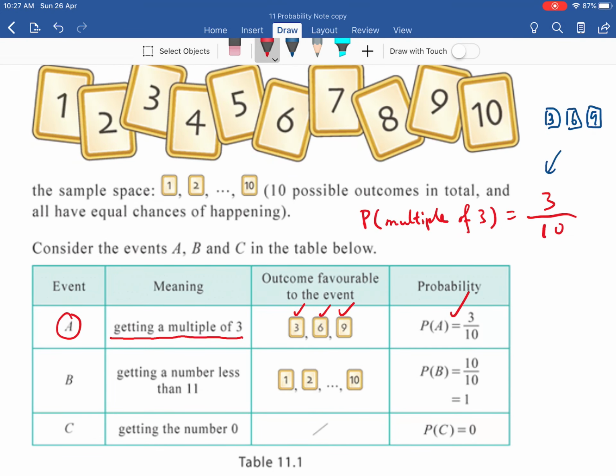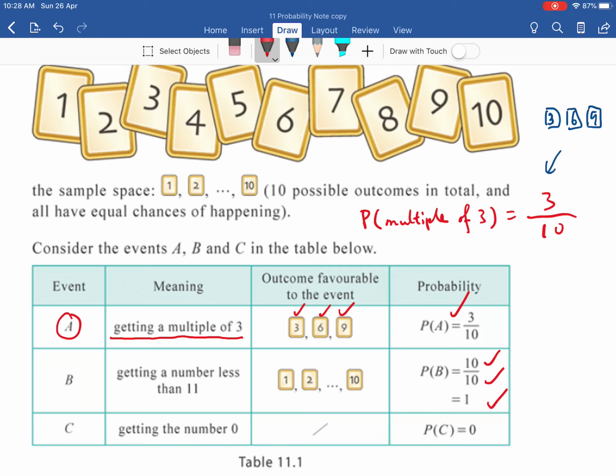Let's see another example. B, the probability of getting a number less than 11. You know that all the numbers are less than 11. So there are altogether 10 cases favorable to the event B, and the total number of possible outcomes is 10.